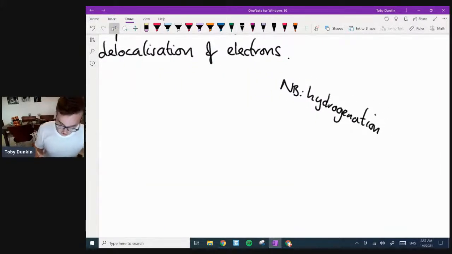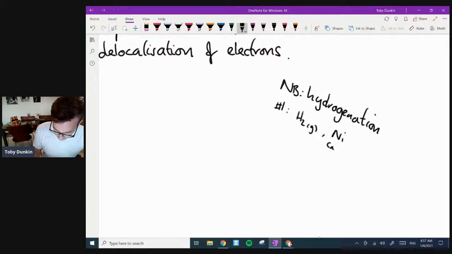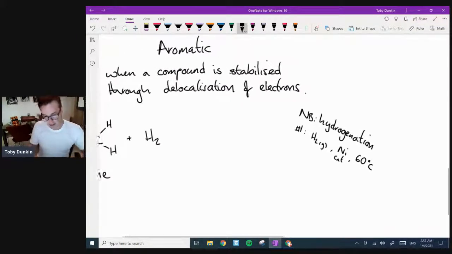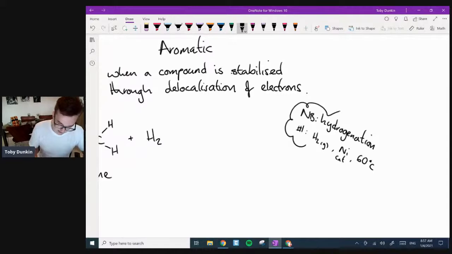There are many methods of doing this, but the number one method of adding hydrogen to a compound is hydrogen gas with a nickel catalyst at 60 degrees Celsius. You have to know that for A2. So that's hydrogenation. We're going to add hydrogen to this alkene.